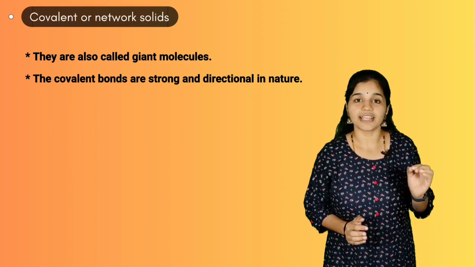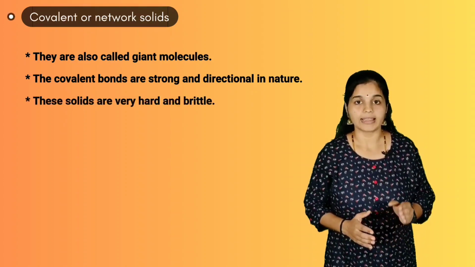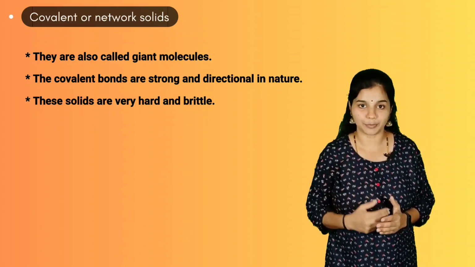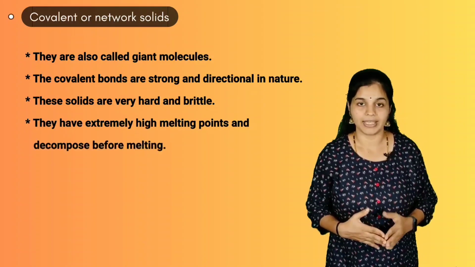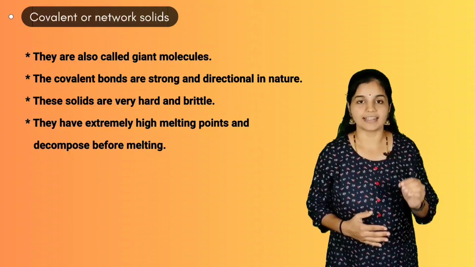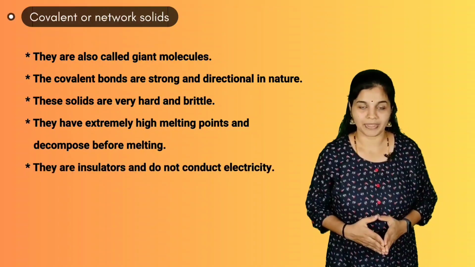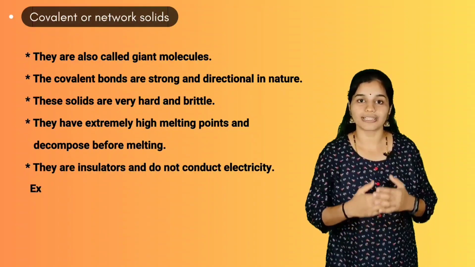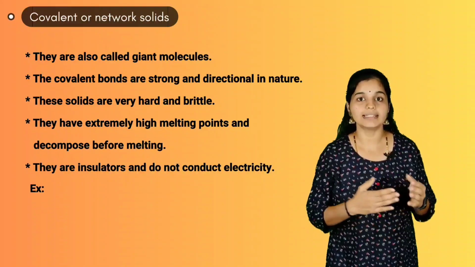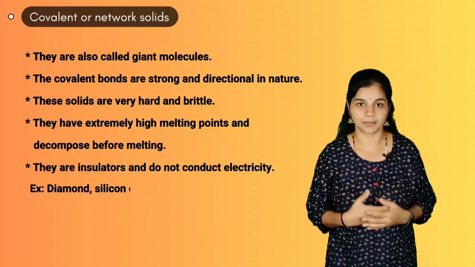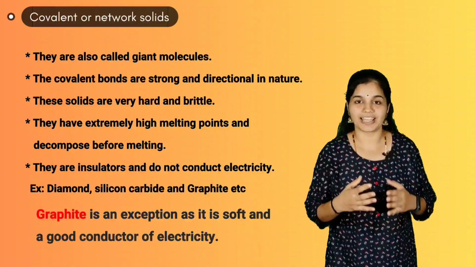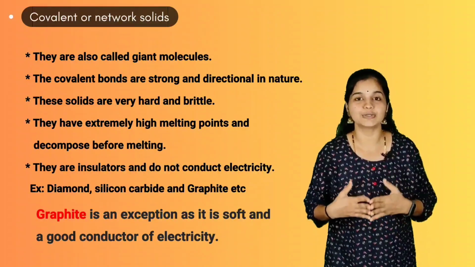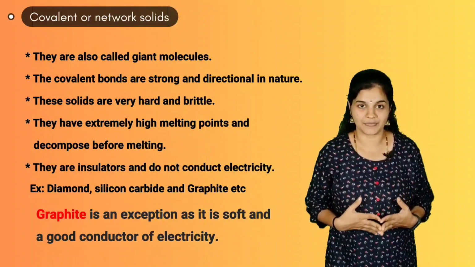These solids are very hard and brittle. They have extremely high melting points and they decompose before melting. They are insulators and do not conduct electricity. Good examples of these types of solids are diamond and silicon carbide. But graphite is an exception as it is soft and a good conductor of electricity.